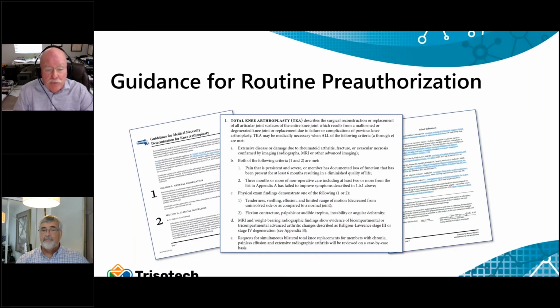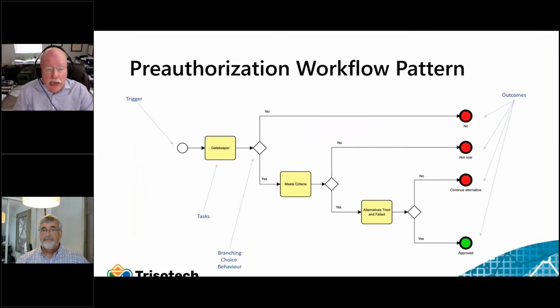If we go to the next slide, if you look at a series of such statements of requirements, patterns start to appear, and these affect the process that pre-authorization goes through. On the left, we have a patient being presented for a review. There is a decision serving as a gatekeeper to decide, does this apply to the patient or not?